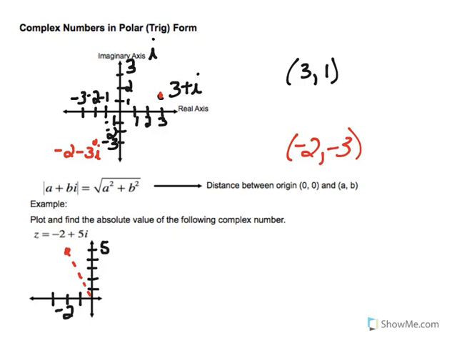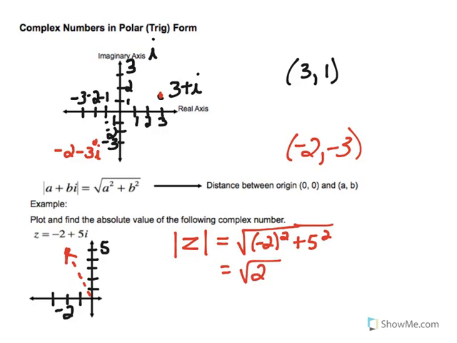When we're talking about vectors, and also the complex numbers, finding that distance is represented by the absolute value symbols. You're finding the absolute value of the complex number. So all we're doing is essentially the distance formula. -2 squared plus 5 squared, we get square root 29. And that's that distance out from the origin.